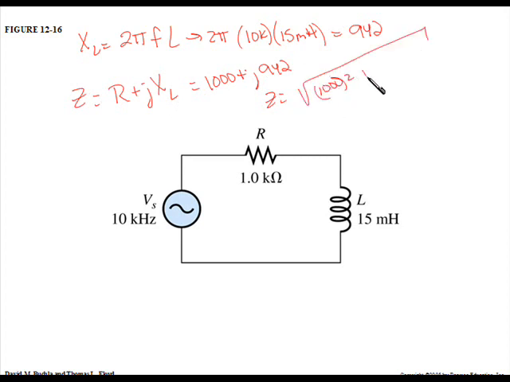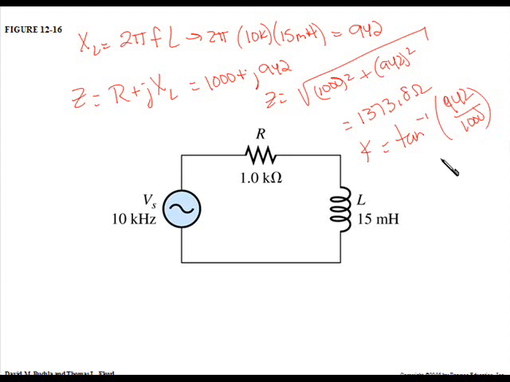So it's 1000 squared plus 942 squared, square root, is equal to 1373.8, and the angle is going to be inverse tangent of 942 over 1000, and this angle comes out positive.